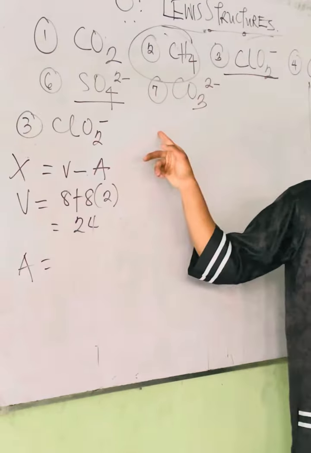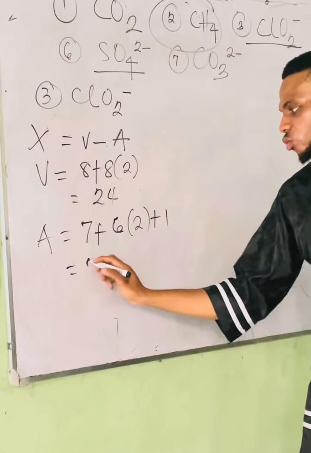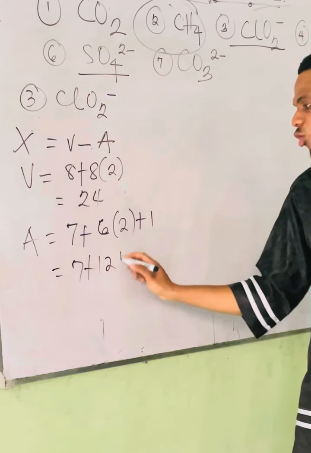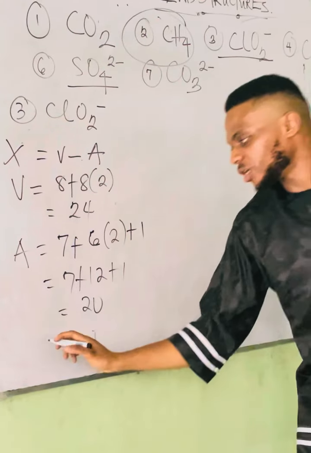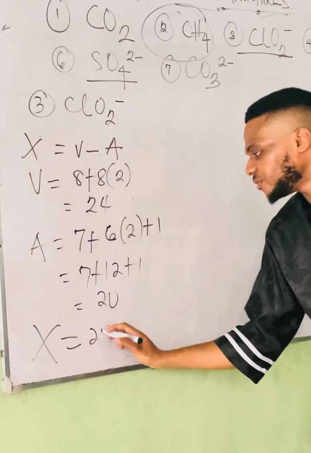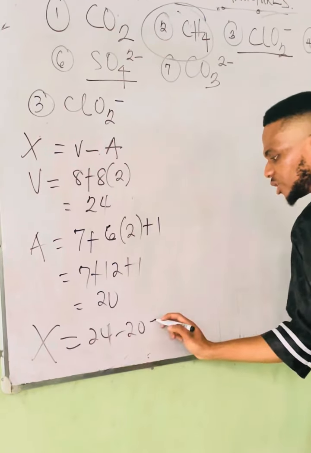So this minus will be plus 1. If we had 2 minus here, for instance CO3 2 minus and SO4 2 minus, we would have added 2. But because it is just minus, we add 1. So this will be 7 plus 12 plus 1, which gives us 20. So our X will be equal to 24 minus 20, which gives us 4.